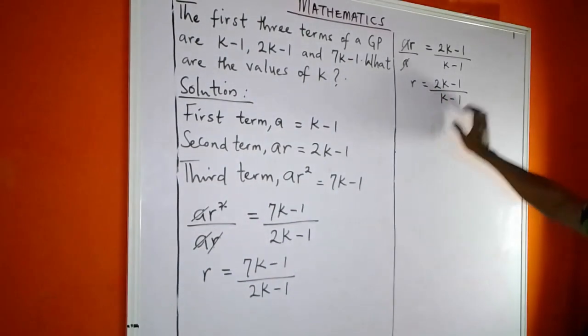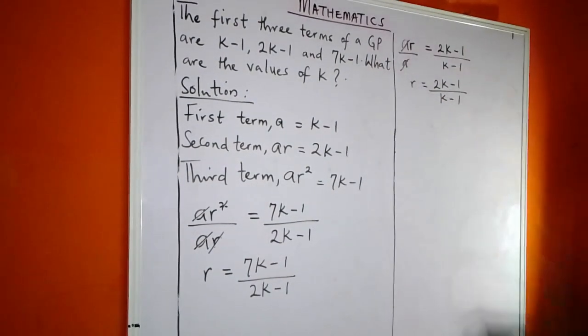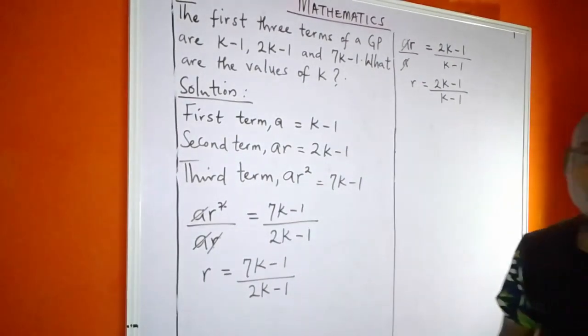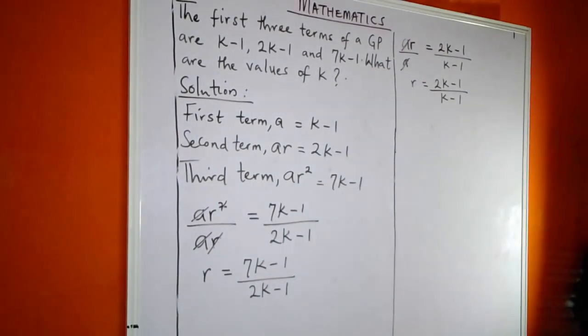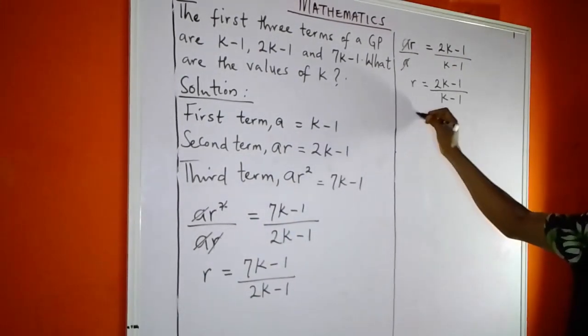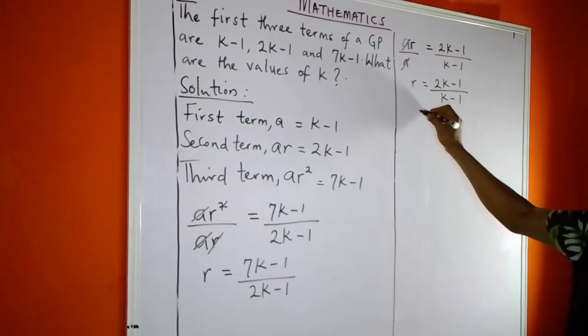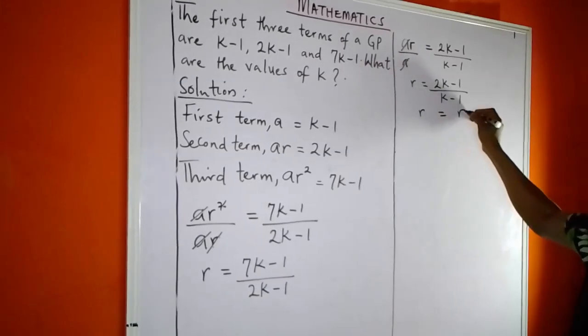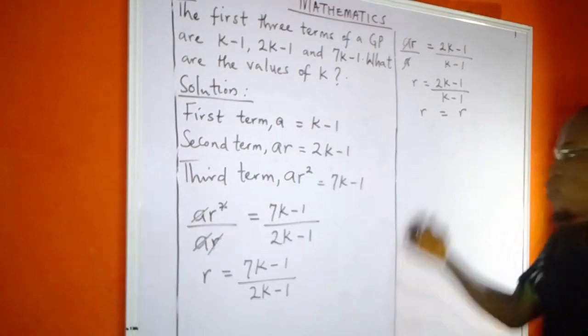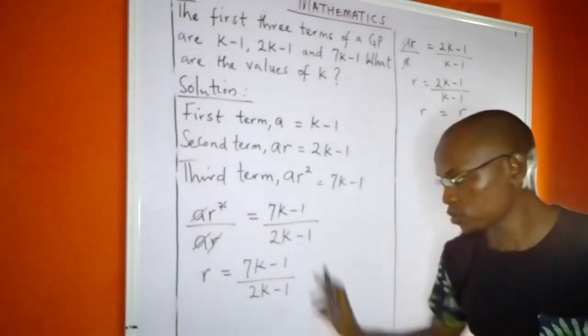Then the common ratio for the second and first term, this is what we have here. Now since the common ratios are equal, we can now simply say that r equals r, because we are supposed to be having just one common ratio.